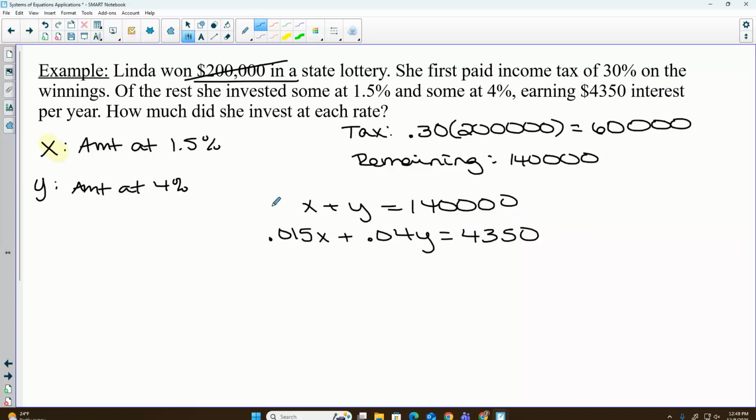So now we can do substitution or elimination. If I want to eliminate X, what do I multiply this by? So we get -0.015x minus 0.015y equals -2,100.